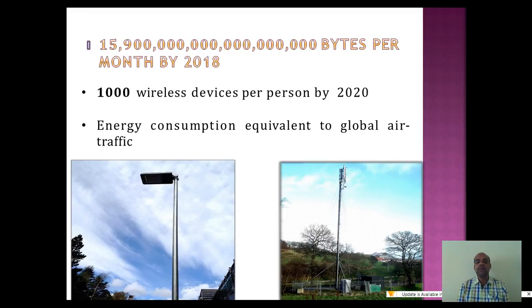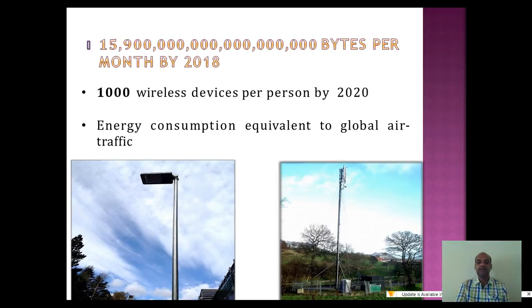As we know, these mobile devices are occupying most of the radio spectrum which we are using now. By 2020, they are expecting 1000 wireless devices per single person. That may be a laptop, mobile, or PDAs, or in a smart home various devices will be connected. Likewise, 1000 wireless devices for a single person can be connected to the Wi-Fi system by 2020.